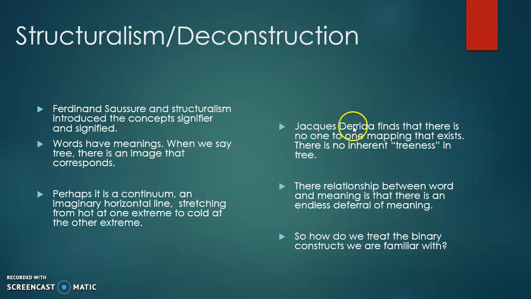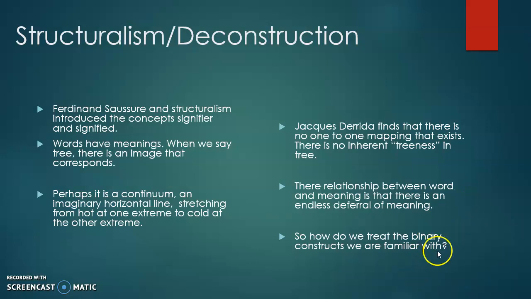On the other hand, Jacques Derrida came after Saussure and he says, there's no one-to-one mapping, there's no inherent treeness in the word tree. He said humans attribute names and meanings. And so he said it's an endless deferral of meaning. When you go to the dictionary, it gives you two, three, four more words, and you find yourself going to look for the meaning of another one.